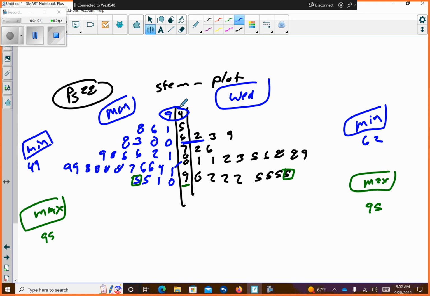This class and second period are within like 0.5% of each other on the mean, and the median is pretty much right there. So I either suck at teaching for both classes, or I do well at teaching in both classes, or you all are just as smart as second period, if not brighter, because you got it first. So there's all kinds of stuff dealing with us and statistics.